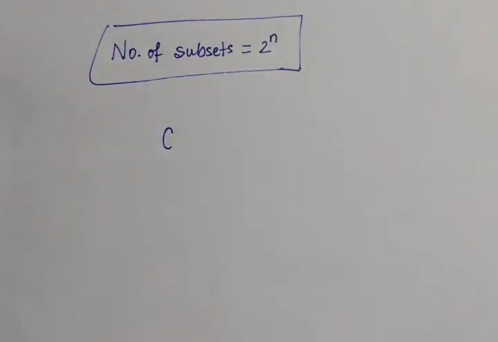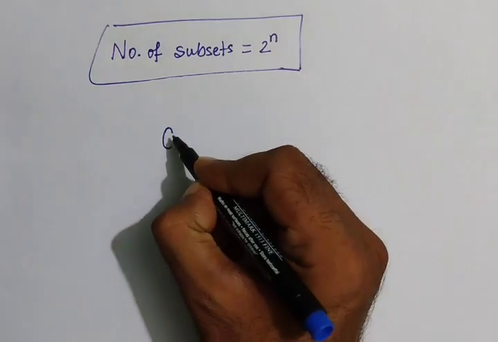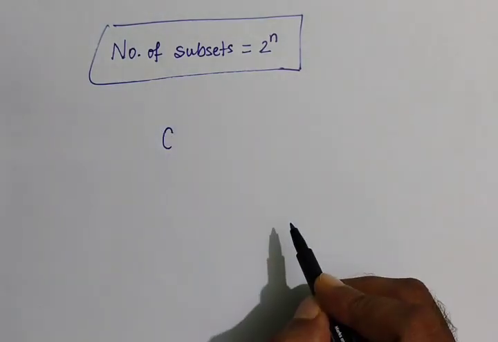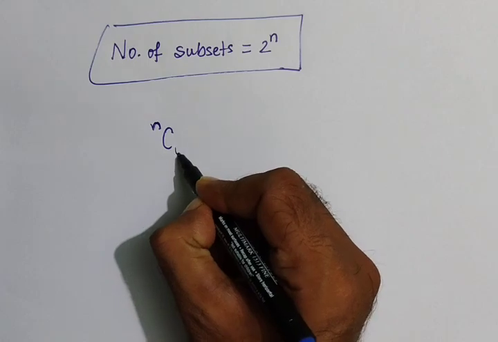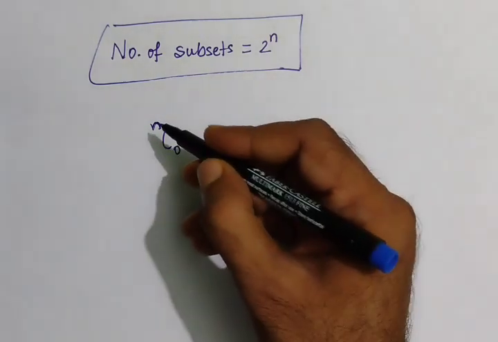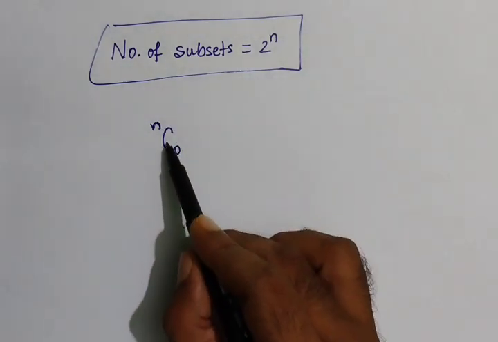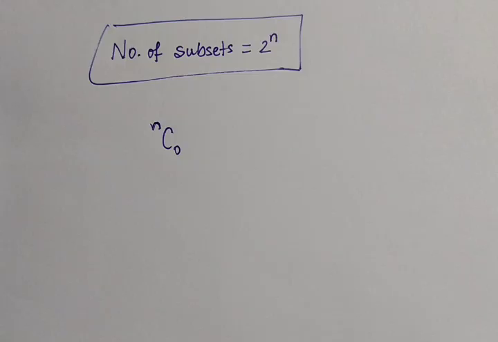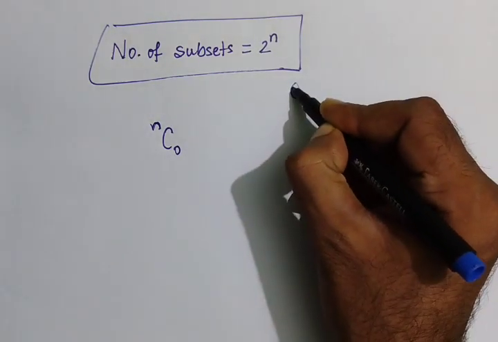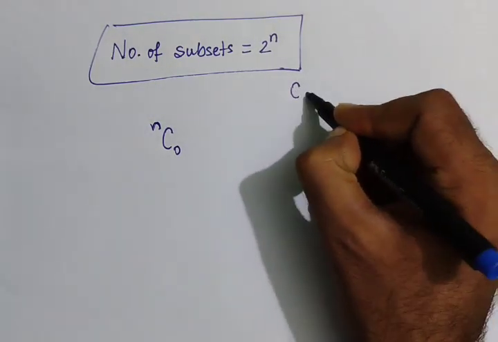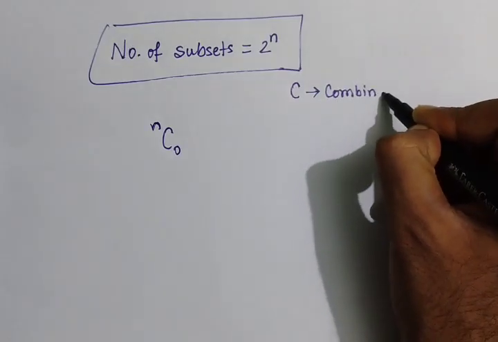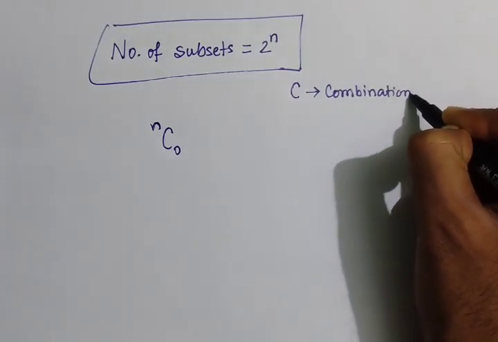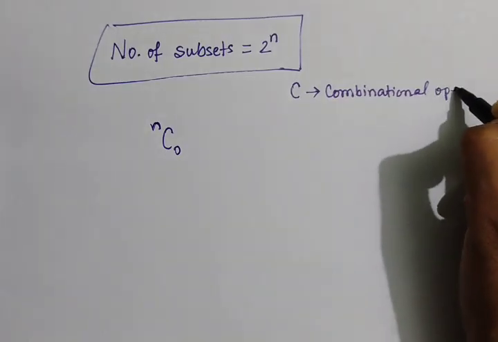For the time being, just remember that suppose we have n number of elements and we have to select 0 elements out of n, then we can write this as nC0. I have just introduced you to this operator C, which is known as the combinational operator.